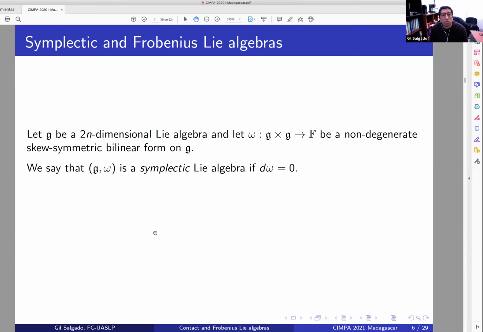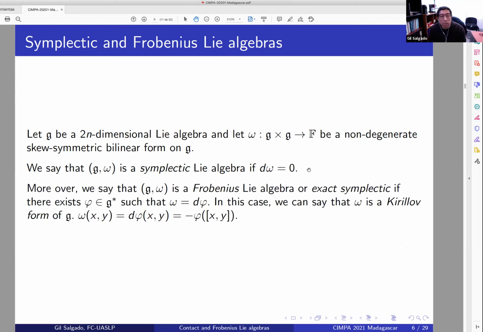So let me now talk about symplectic and Frobenius Lie algebras. If we start with an even-dimensional Lie algebra and omega is a non-degenerate skew-symmetric bilinear form on G, we say that the pair G, omega is a symplectic Lie algebra if omega is closed.